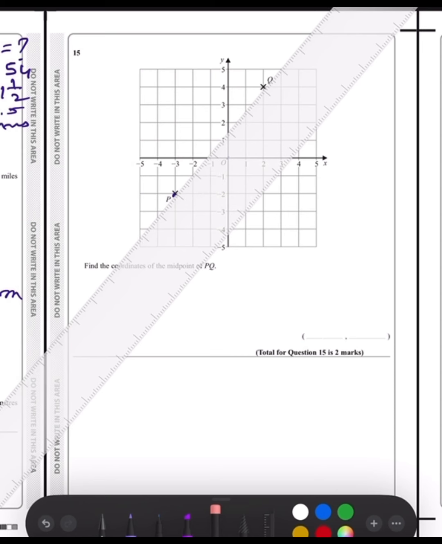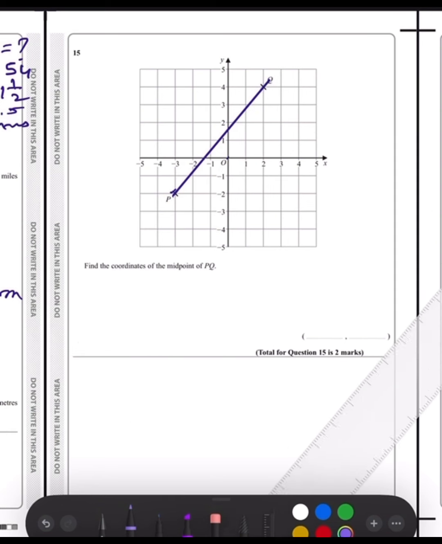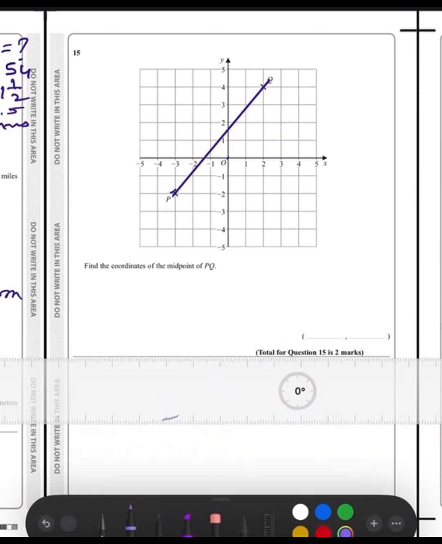If I just take a pen, draw a straight line here, and then I just leave the scale, it might not go so easily.